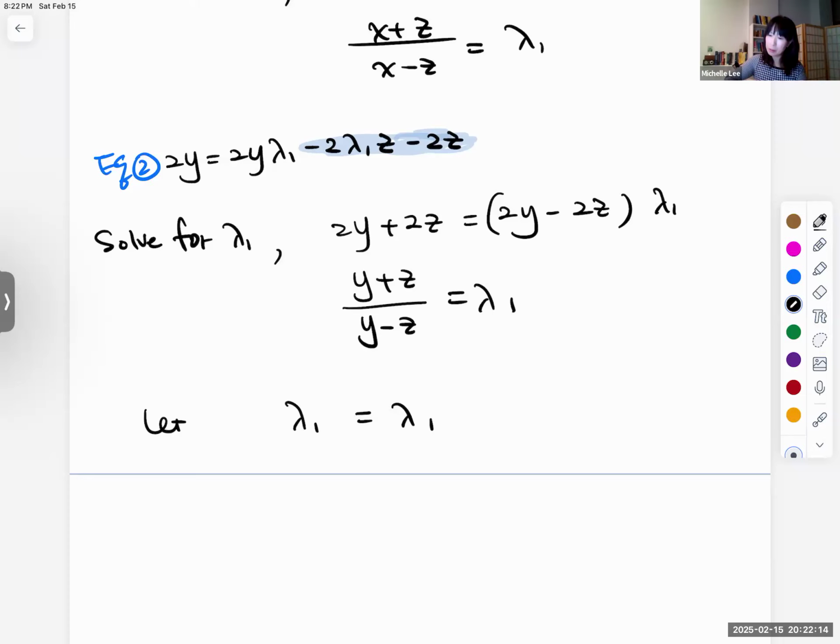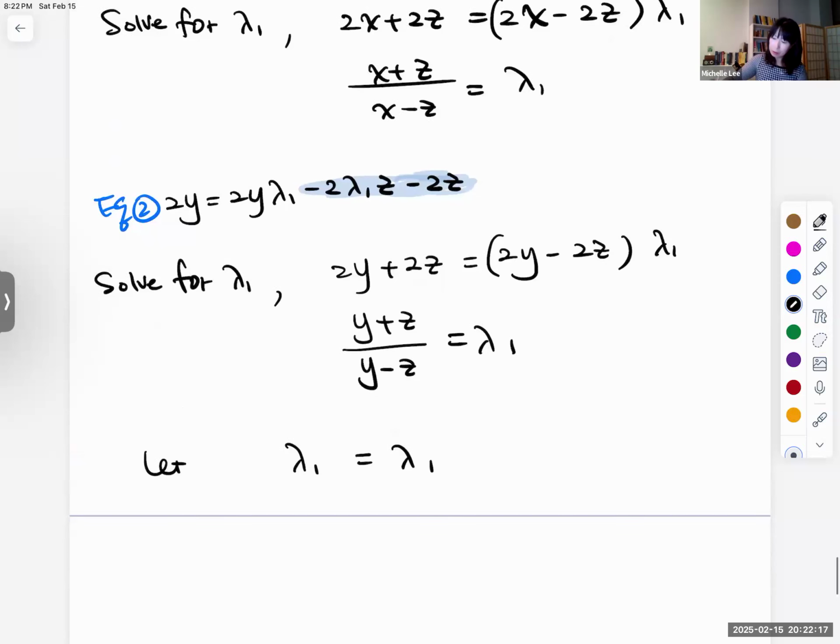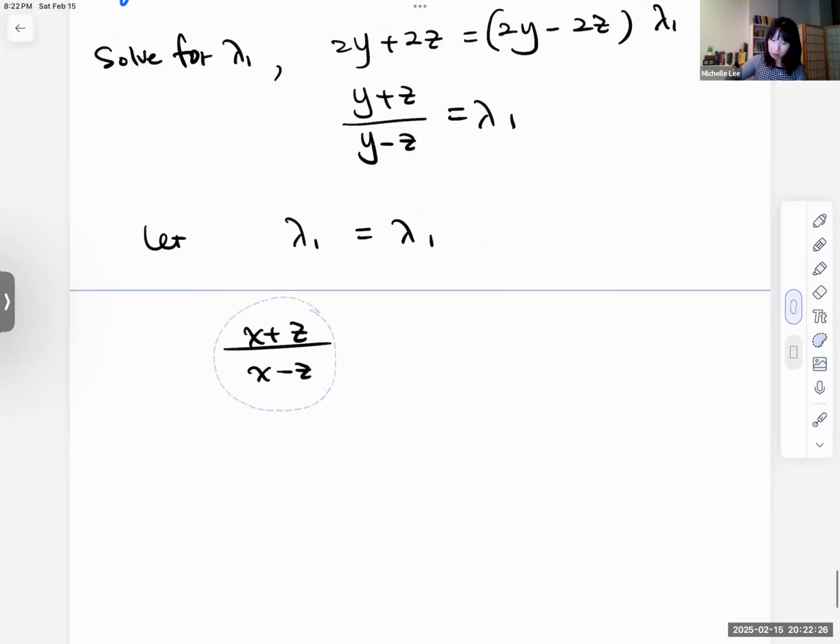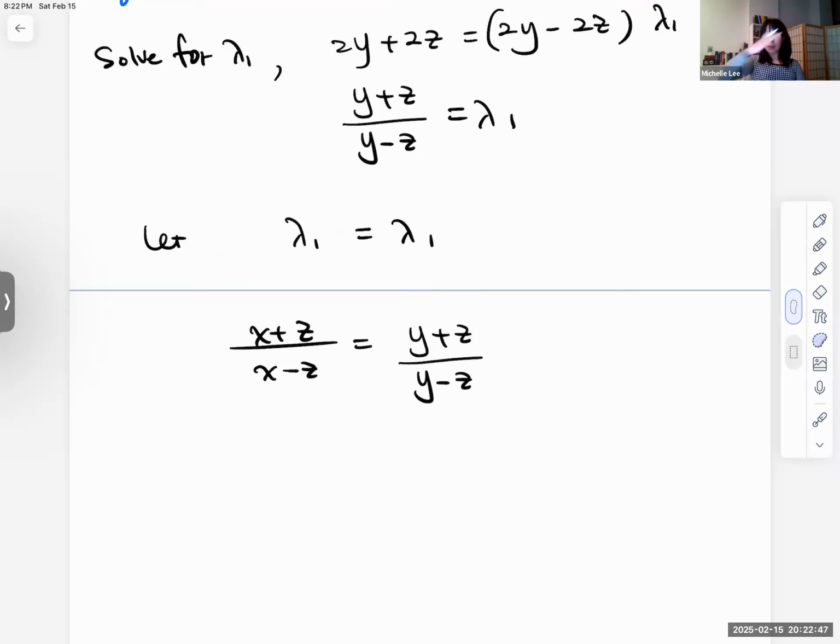So let's make the first one equal to the other one. All right, so then we can cross multiply, right?